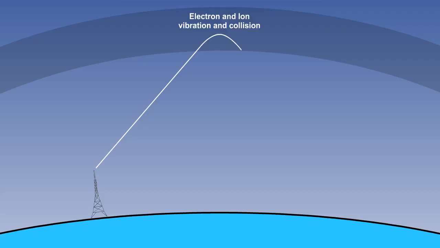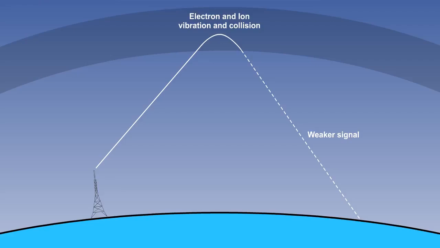This results in the electrons vibrating, which can cause them to collide with other molecules, ions and electrons. Each collision dissipates a small amount of radio signal strength as energy is transferred from wave to particle, and the radio wave returning to Earth will have lost some of its strength.